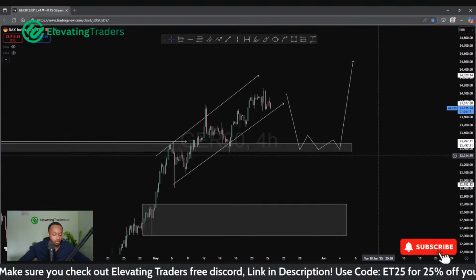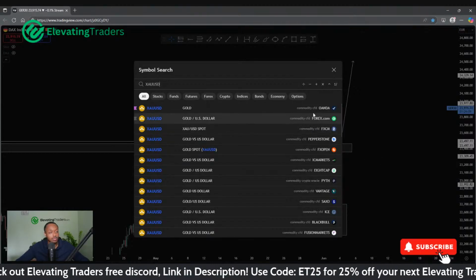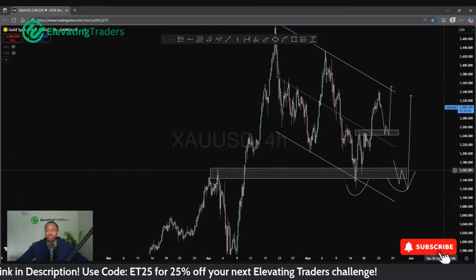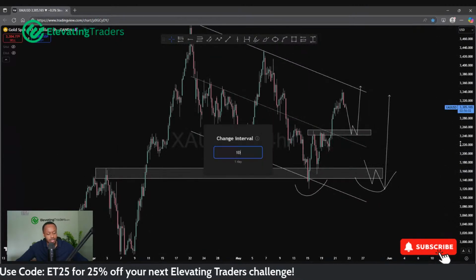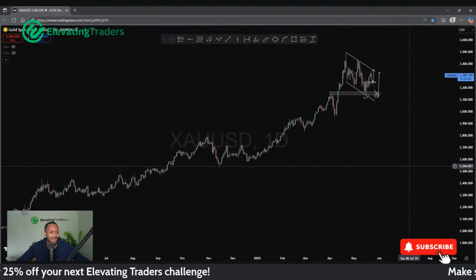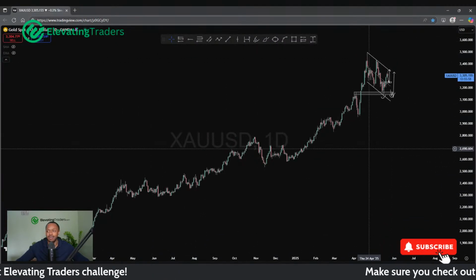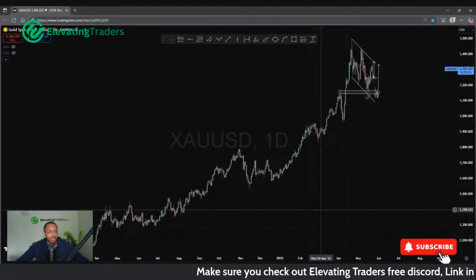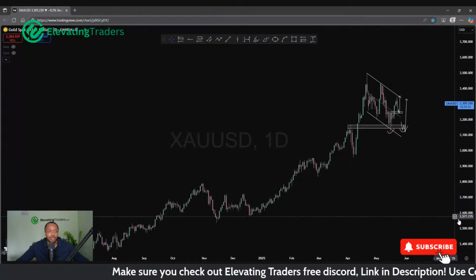In terms of gold, gold's still pretty bullish on this one. We are approaching the upper end of this channel, so I would be a bit more cautious now. Again, if I expand to the daily chart as a whole, this is still very much a clear uptrend. It doesn't take Einstein to work out that that's an uptrend there. So I would only be really looking to buy gold.